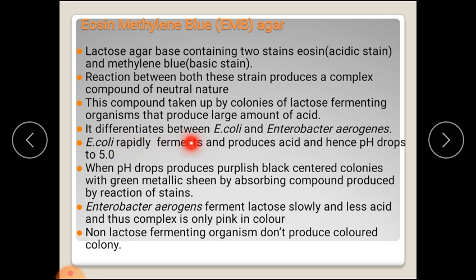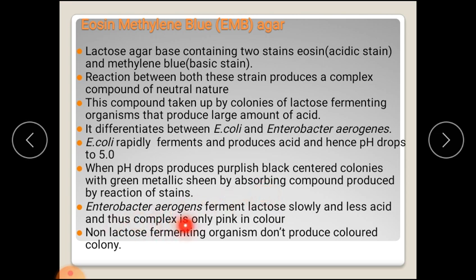Now it differentiates between E. coli and Enterobacter aerogenes. How does this media differentiate between them? E. coli rapidly ferments the lactose and produces acid, and the pH will decrease to 5. At this pH 5, a black centered colony with green metallic sheen is observed on the EMB-agar.